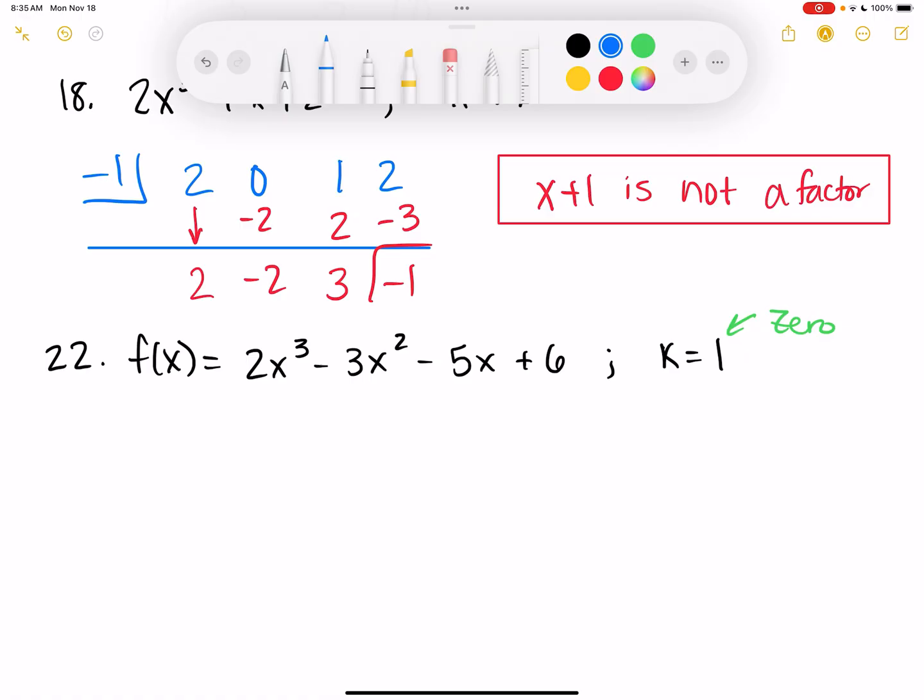So this is a 0, so I'm going to plug that in exactly, because remember, if it's k equals, we plug it in exactly. If it's x plus or minus something, we change the sign when we put it in the box. So then 2, -3, -5, and 6.